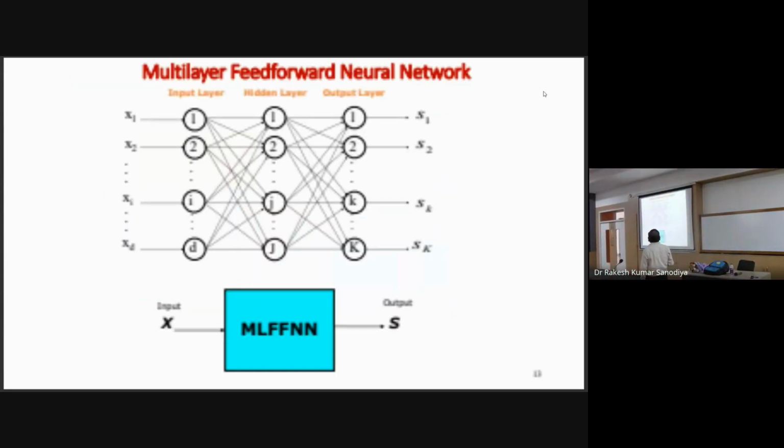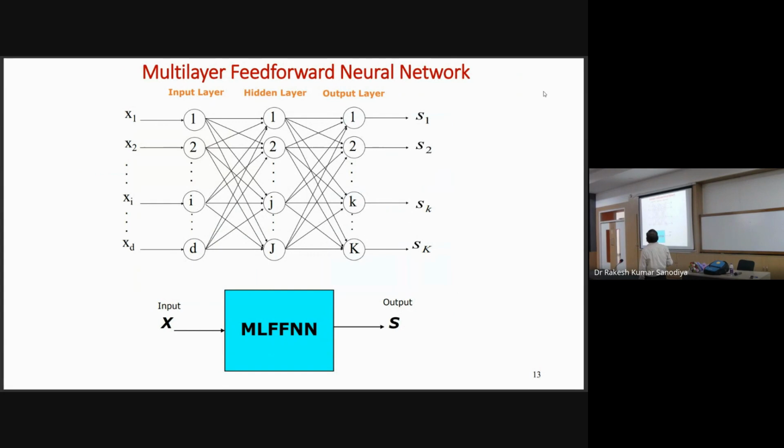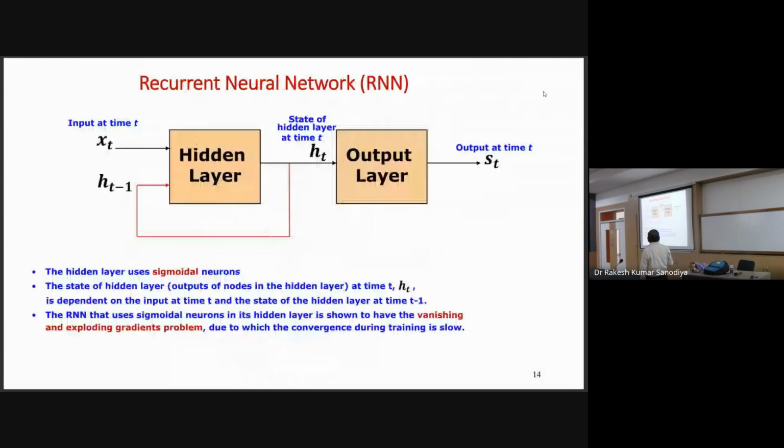As you already have been told, the standard feed-forward neural network has this kind of a structure, but in the recurrent neural network, we have connections from the output of the hidden layer back to the hidden layer. That's why it's not a feed-forward neural network, right? There is a feedback coming from the output of the hidden layer back to the input of the hidden layer. That's why it's called a recurrent neural network.